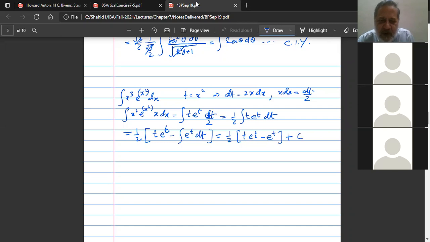But what is t? t is x square, so we have to go back to the original variable. So x square e power x square minus e power x square plus c, that completes the solution.